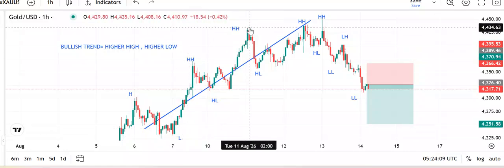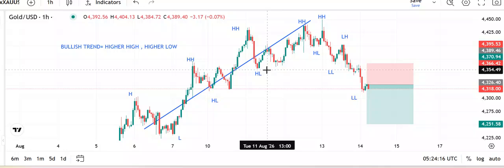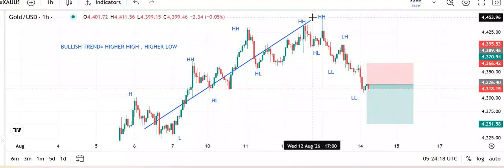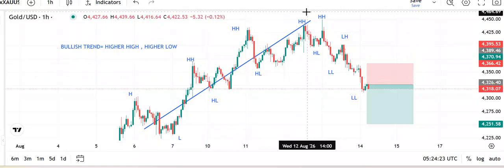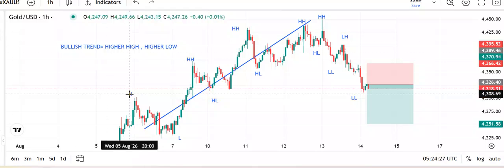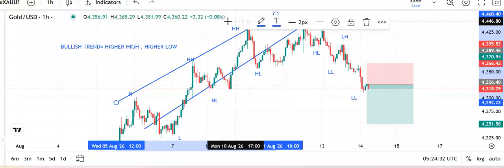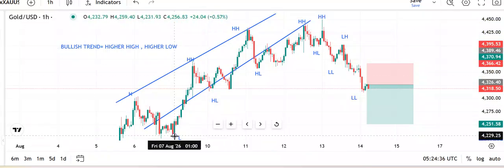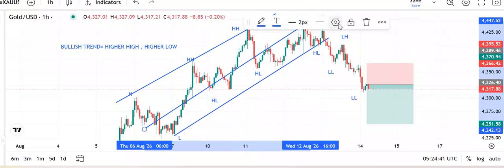Then you have price making another higher high, and another higher low. That phase or that particular formation by price is called uptrend or bullish trend.